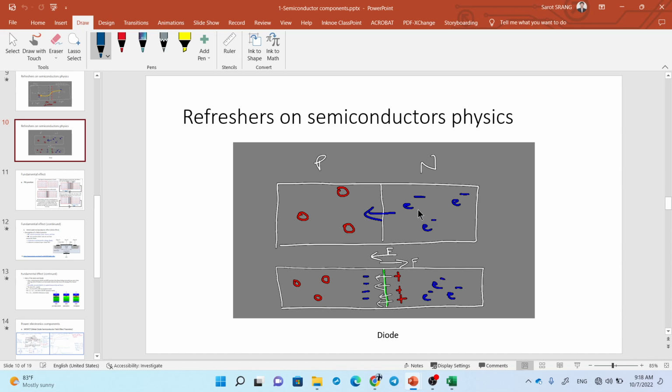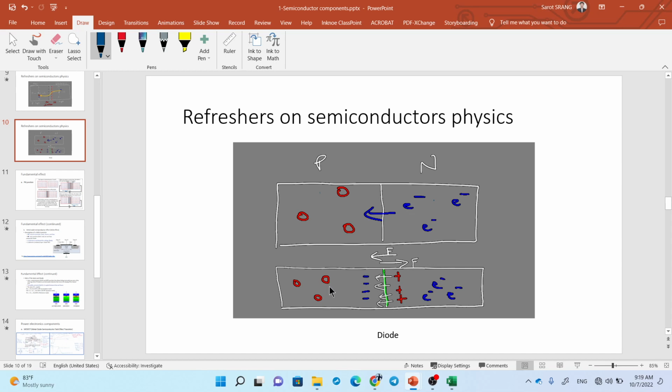But due to the doping process that mixes two different types of materials, the valence bond for the n-type is not complete, so there is one free electron, and for this one there is a missing valence bond. So the valence bond force attracts electrons from this side to this side.